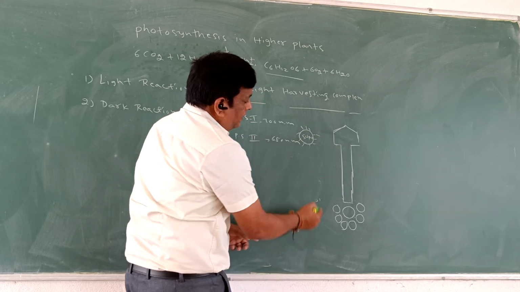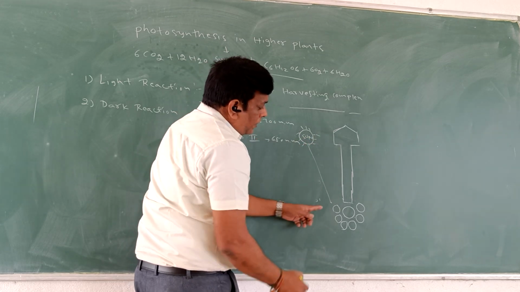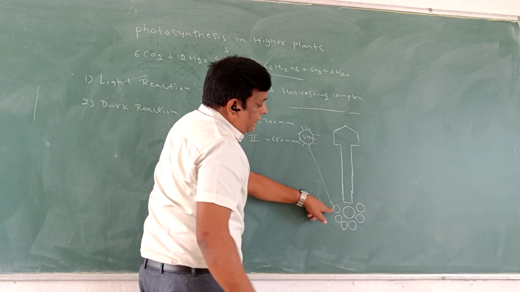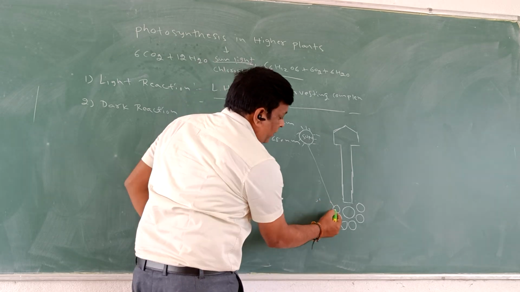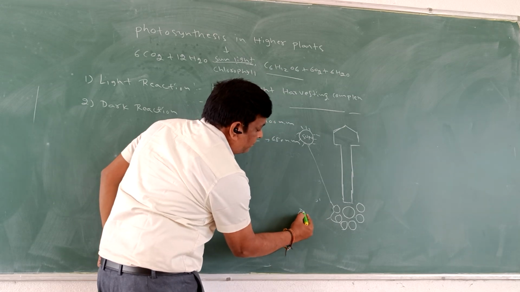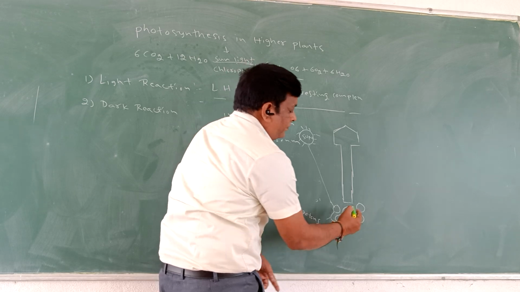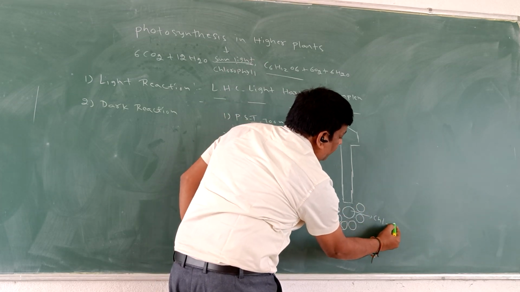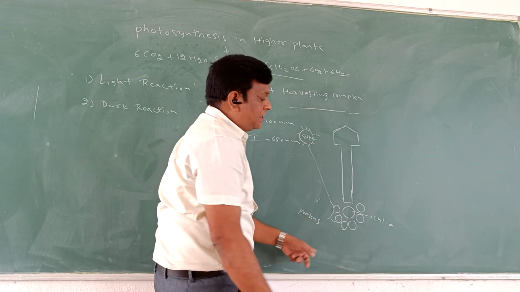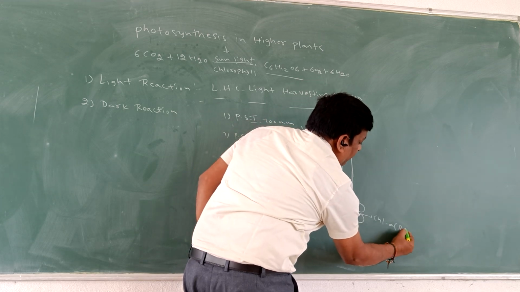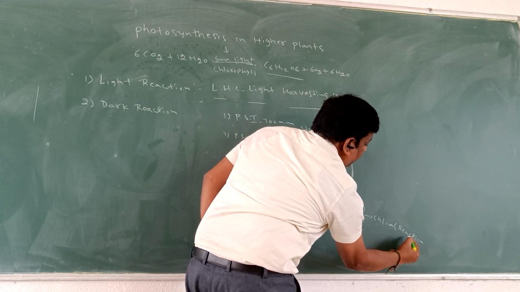The pigments absorb the sunlight, and the photons excite chlorophyll A. Chlorophyll A forms the reaction center.